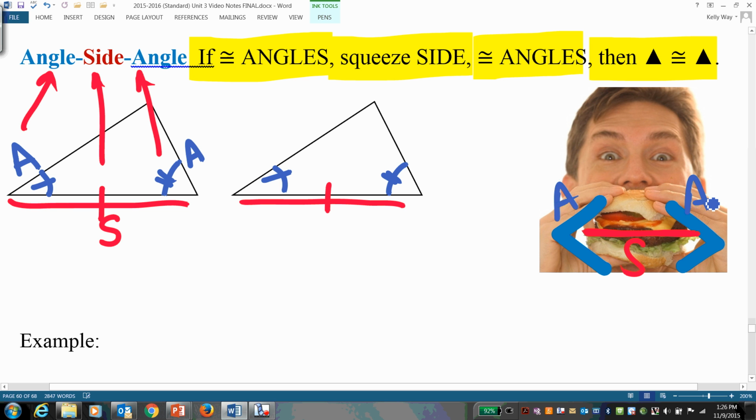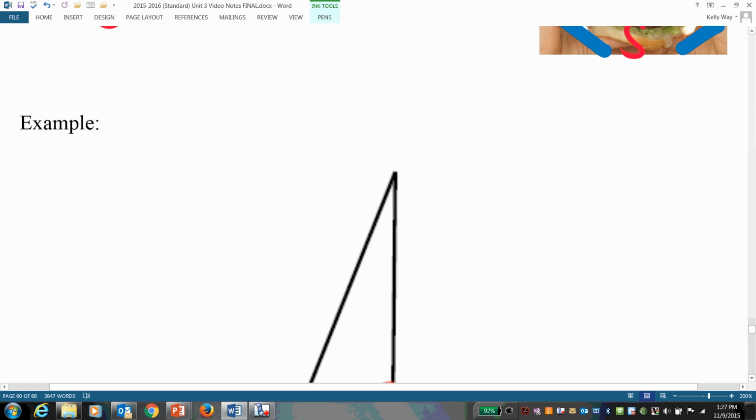I call that squeezed between. That's angle, side, angle. So you're squeezing a big, juicy, drippy hamburger, or Five Guys Burgers and Fries hamburger, or smash burger hamburger, whatever your hamburger of choice is, and it's dripping juices on the other side, and you're squeezing it. That hamburger bun is the side, and your hands make the two angles.